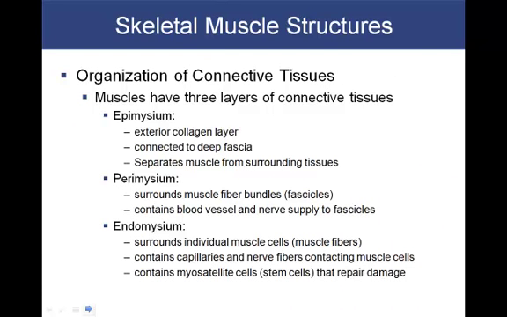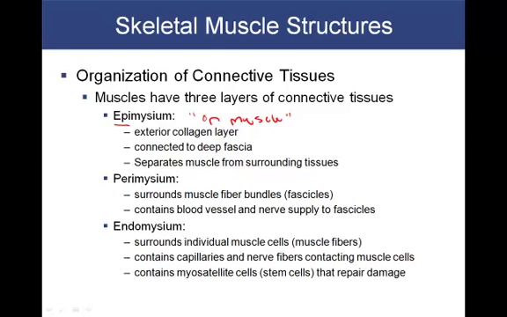If we look at the organization of that connective tissue, we can find three distinct levels of organization, or three distinct types of connective tissues associated with the organ itself. We'll start out with a structure that is known as the epimysium. And epi refers to on, and mysium refers to muscle. So this literally is a connective tissue that is found on the muscle.